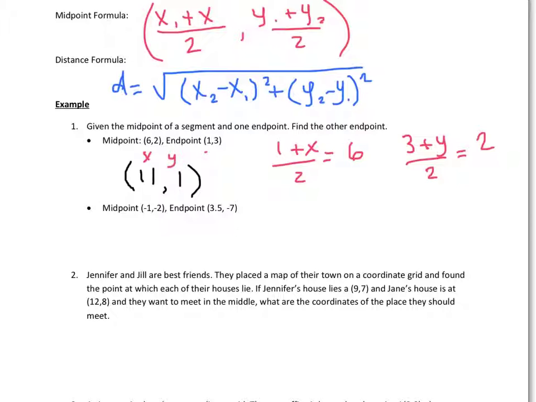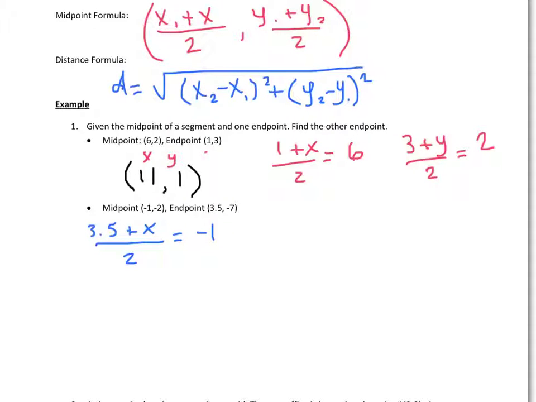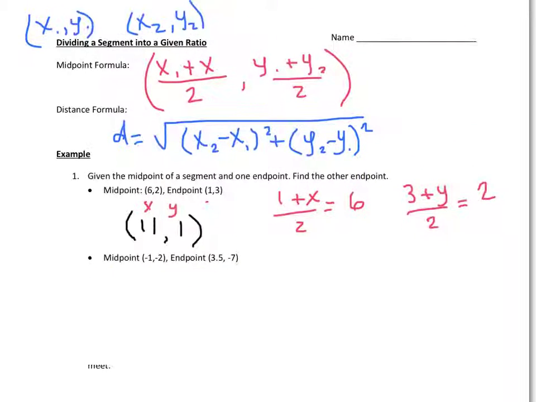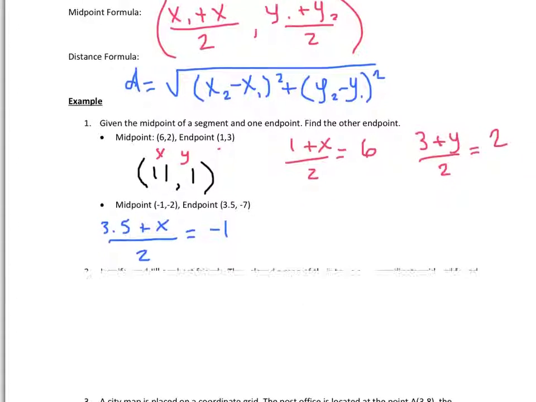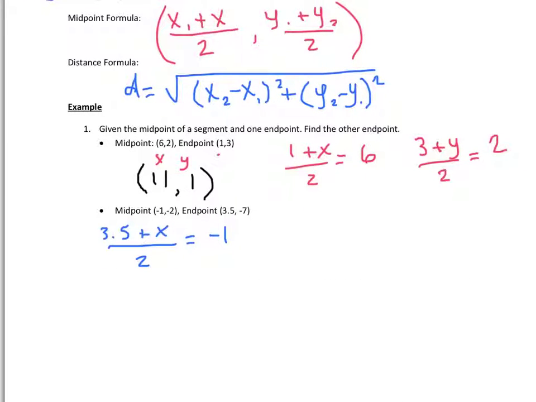So I know that my endpoint that I have, 3.5, plus my other endpoint's x-coordinate, divided by 2, has to equal -1. So if we multiply 2 times -1, multiplying both sides of the equation by 2, let me select something better there.